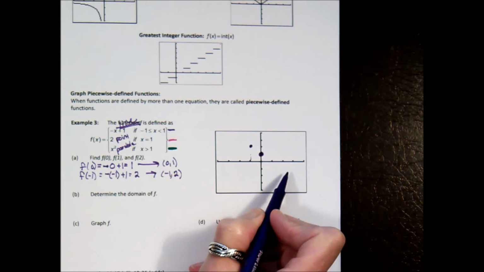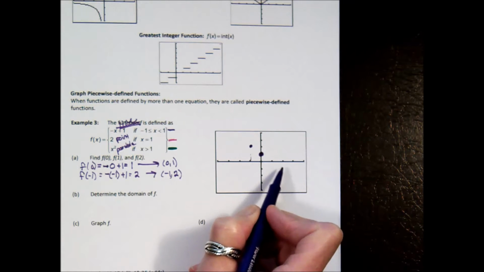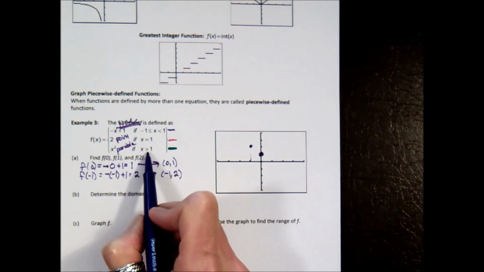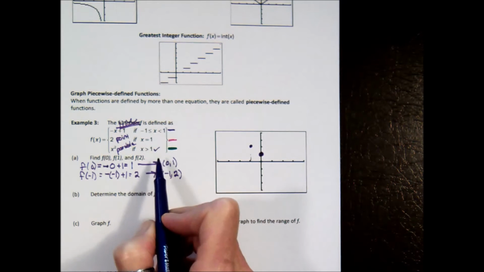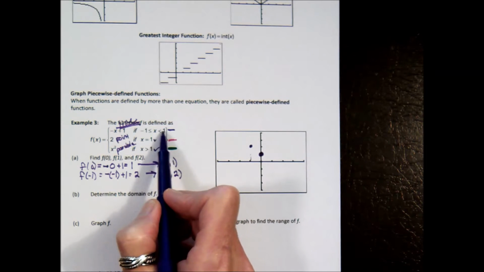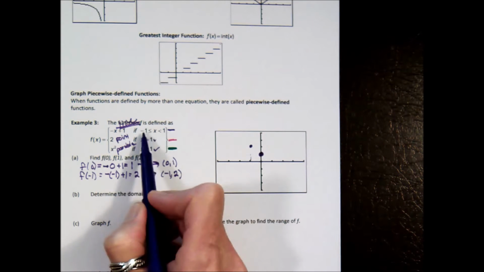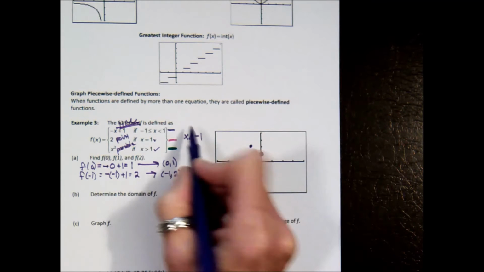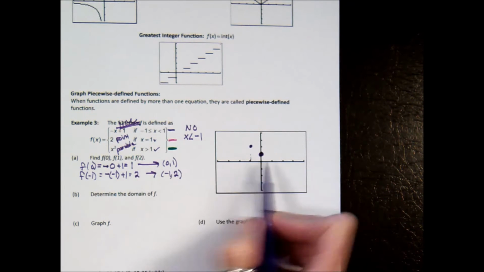Now before we draw it, we have to be careful, because if you notice in your definition, x is allowed to be between negative 1 and 1, including negative 1. But is x allowed to be less than negative 1? No. X cannot be less than negative 1.